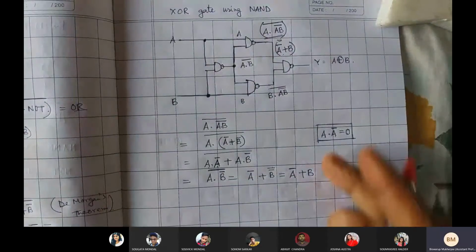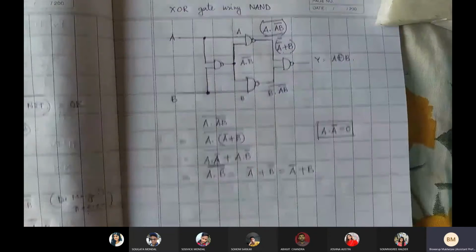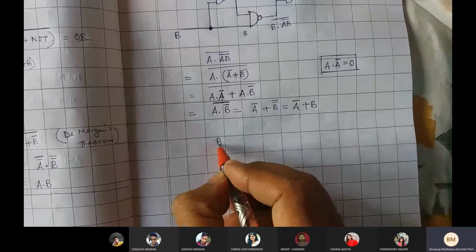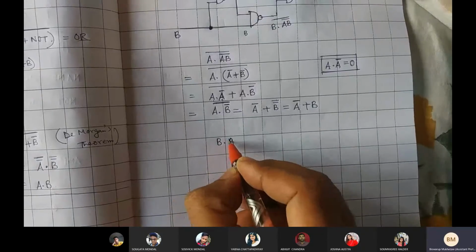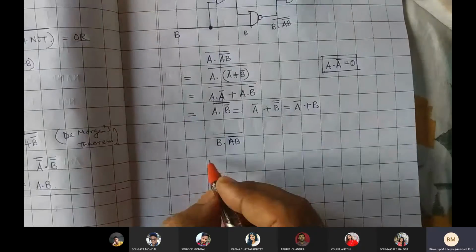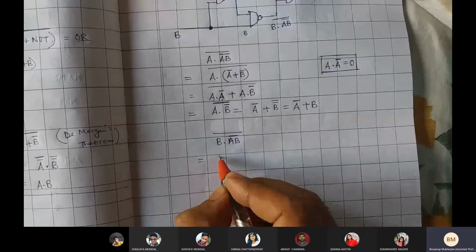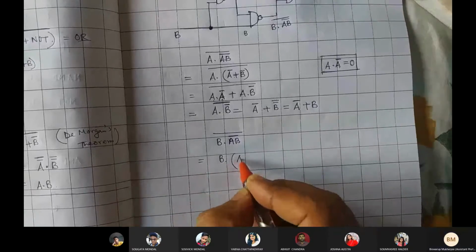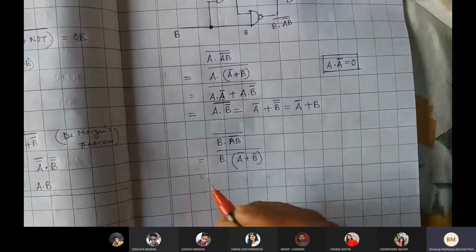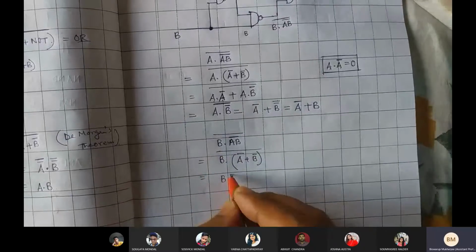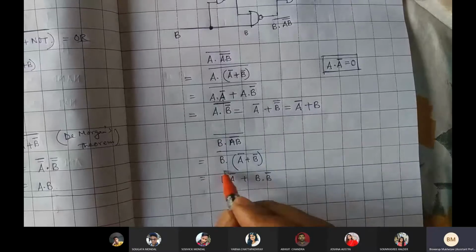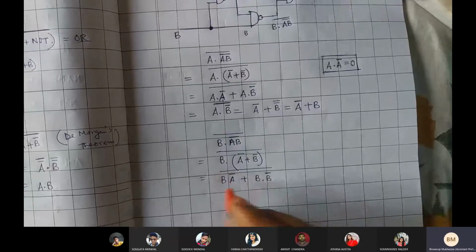Similarly, we can also find out what this one is. This one is B dot (A B bar) whole bar. Similar to the upper case, you can write it down as B dot (A bar plus B) whole complement. That is equal to B A bar plus B dot B bar, whole complement. Again, B dot B bar is 0.